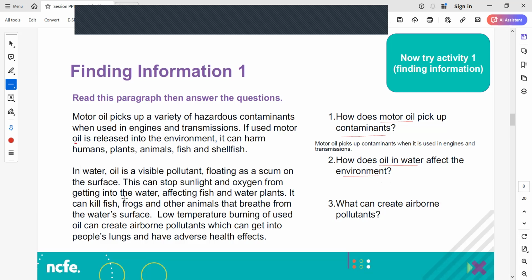Where does it tell us about oil and water? Here we've got water, oil. So this part of the text is likely to give us our answer. In water, oil is a visible pollutant floating as a scum on the surface. This can stop sunlight and oxygen getting into the water. So we could start our answer there.